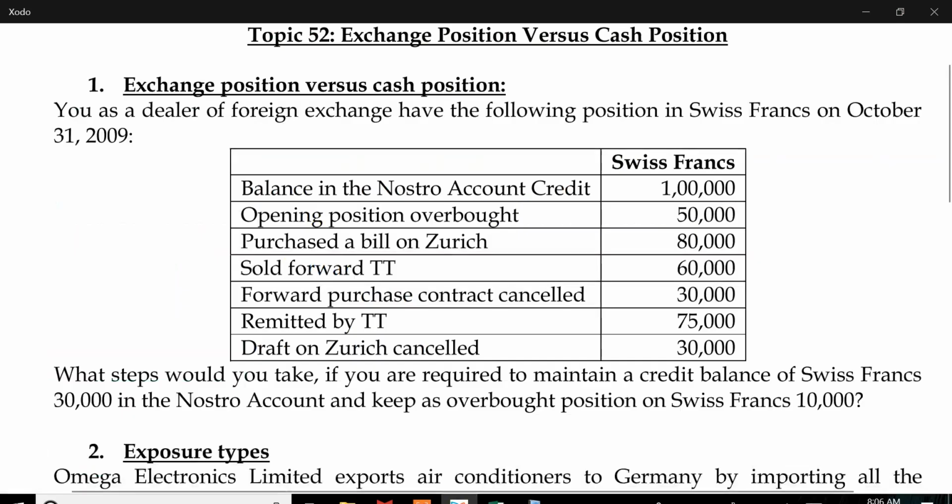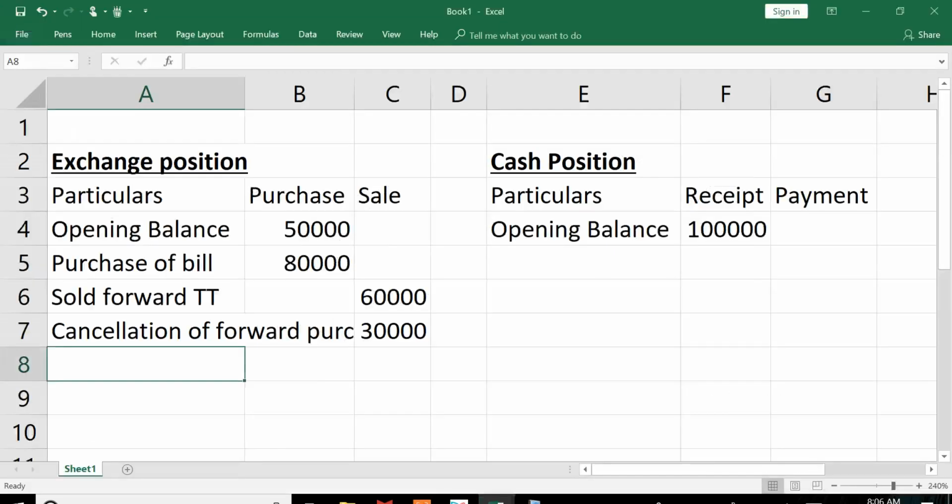What is the next transaction? Remitted by TT. Now remittance means it's a cash flow which is going to happen. If this remittance is a spot payment, if some transaction is happening today, it will impact exchange as well as cash.